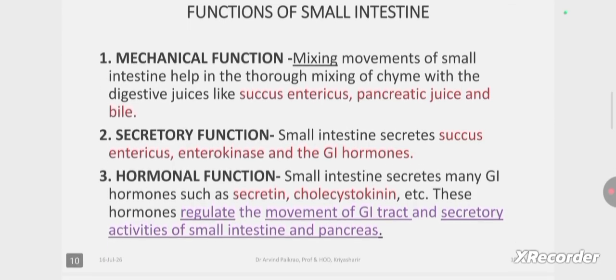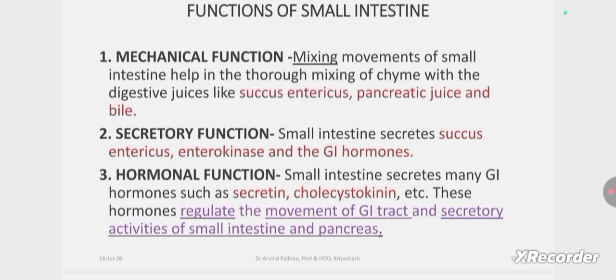Now we'll see the functions of the small intestine one by one. First is the mechanical function, which is very important because the small intestine has certain movements, through which it mixes the intestinal content with enzymes like succus entericus, pancreatic juice and bile.